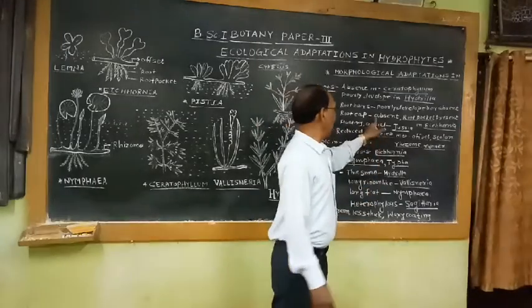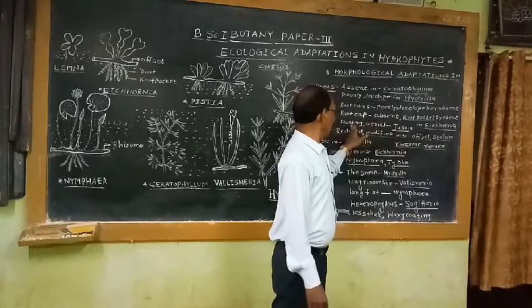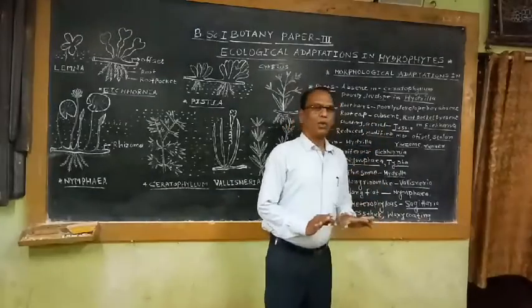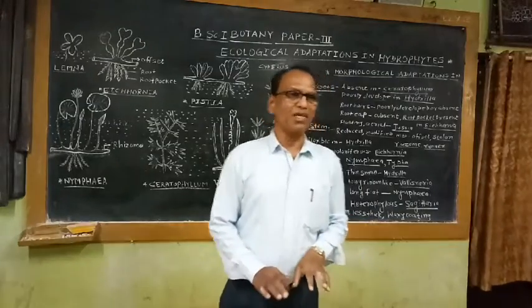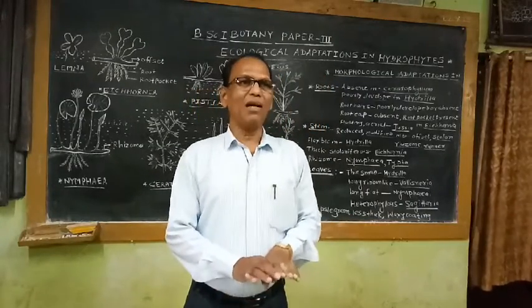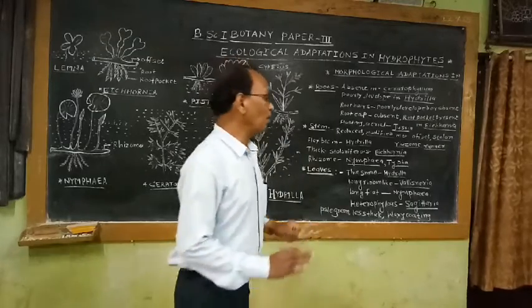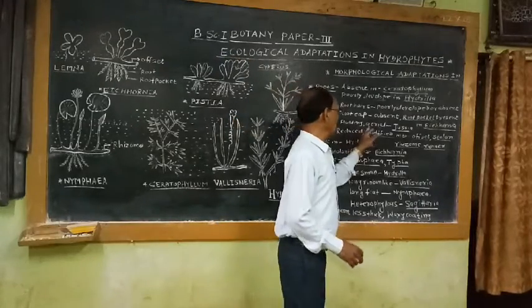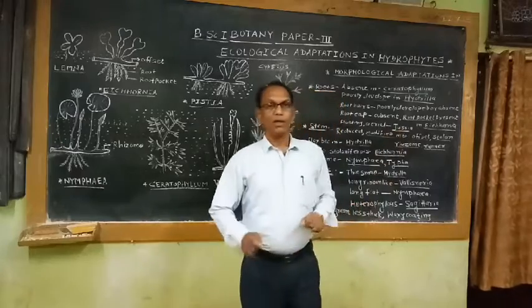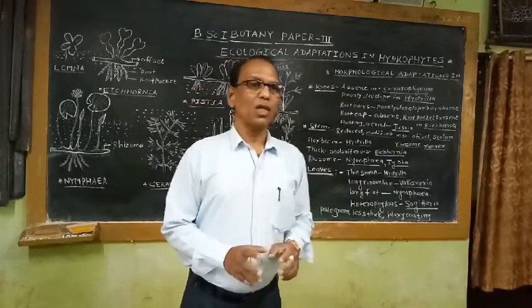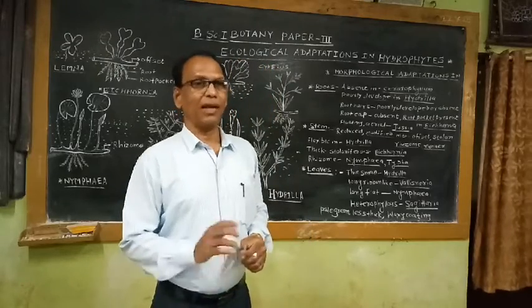Roots are aerial and they float on the surface of water, providing buoyancy, that means keeping the plant floating on the surface of water. For this purpose, in plants like Jussiaea, some roots grow on the surface of water, and these roots can store air.